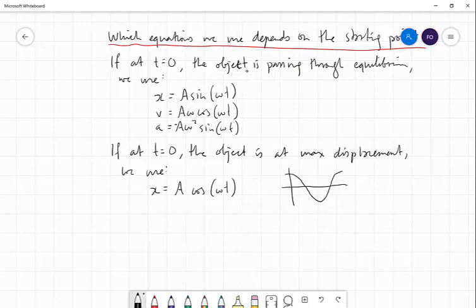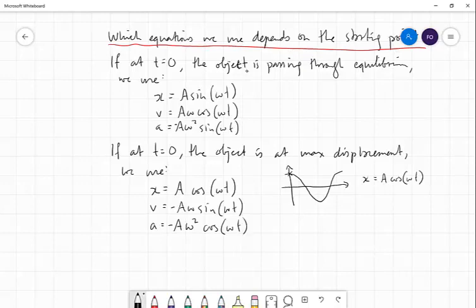And that's because if it's at max position at time equals 0, we need to start off here. And the function that starts there is x equals a cos omega t. So the reason we've changed the equations is because we're starting at a different point. V then is going to be equal to negative a omega sine omega t, and a is going to be equal to negative a omega squared cos omega t.